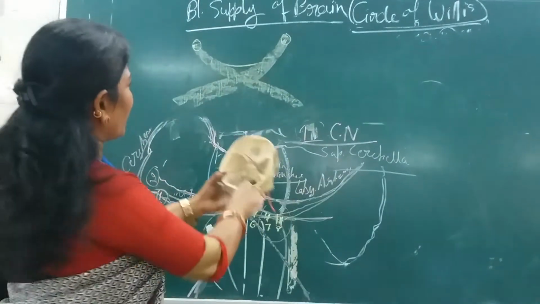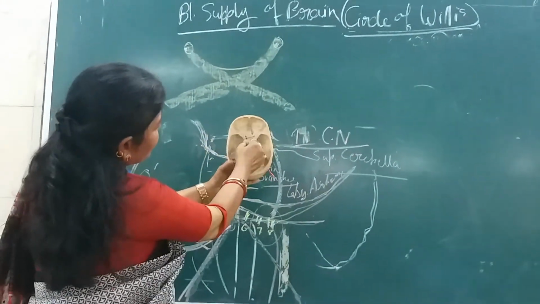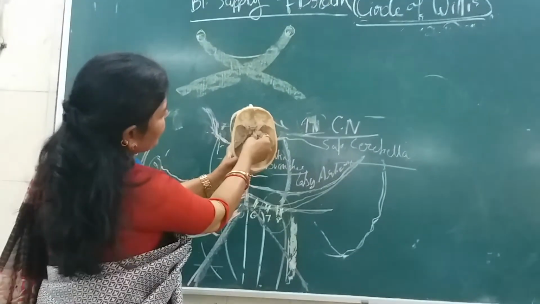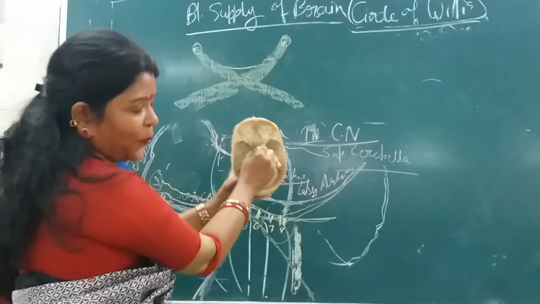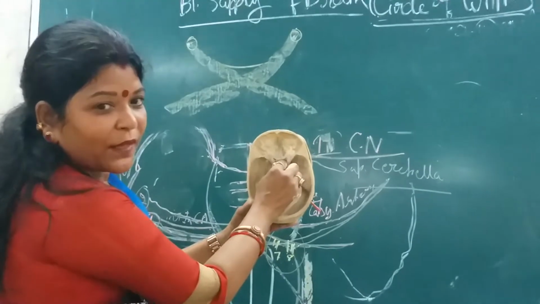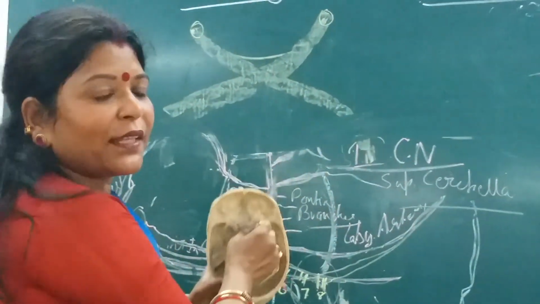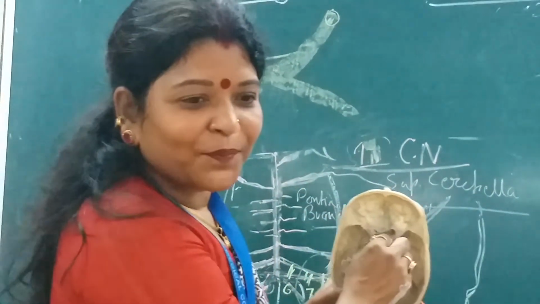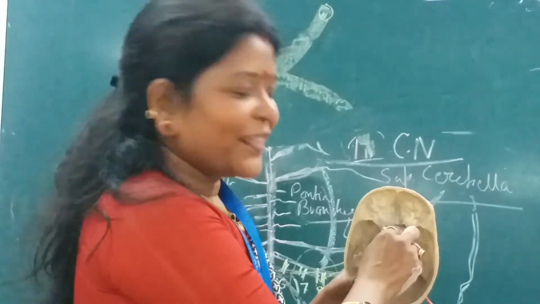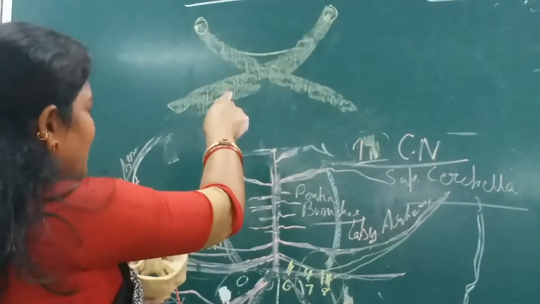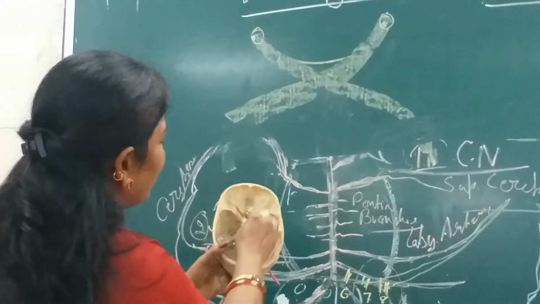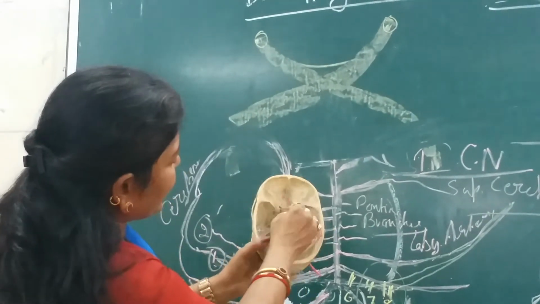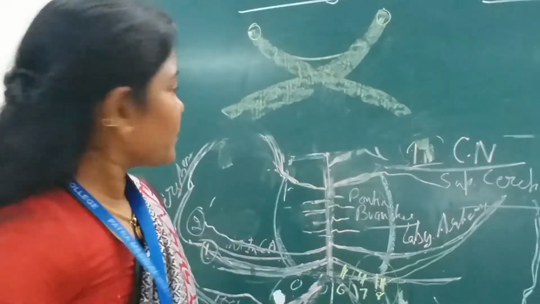Suppose here it is the optic canal, through which the optic nerve, the second cranial nerve, is passing along with an artery. Anyone? Yes, very good, that we will discuss here. Ophthalmic artery. Okay, so this is the optic canal, and the chiasma is forming here in this very part.